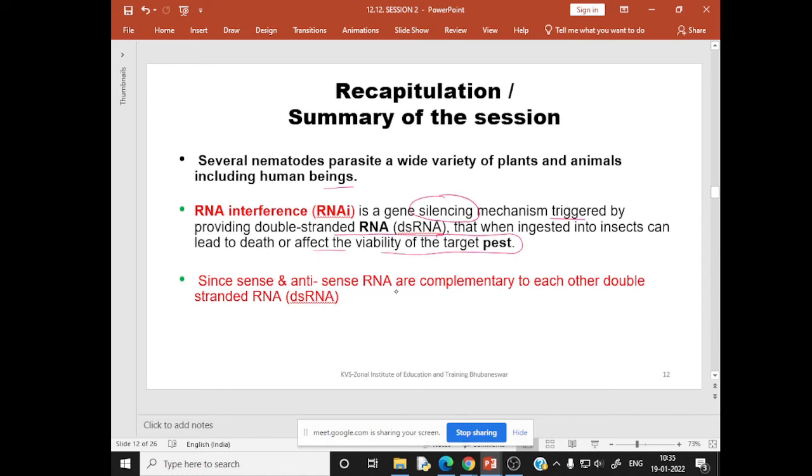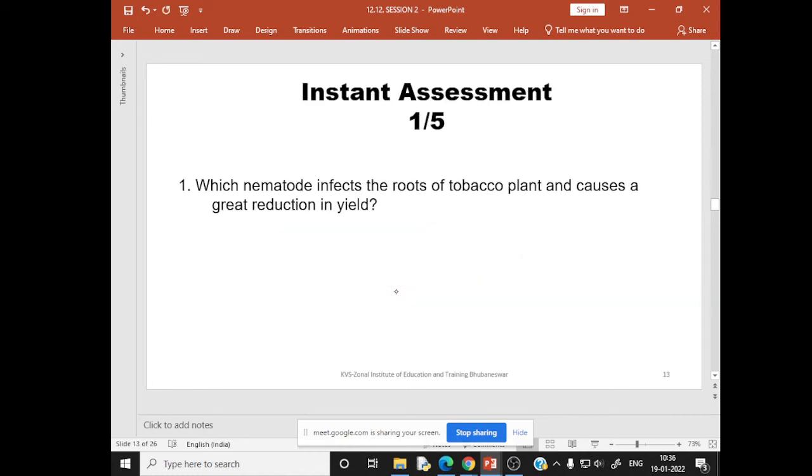Okay, this will enter into the pest, and the double-stranded RNA will get separated into sense and antisense. Since sense and antisense are complementary to each other, double-stranded RNA is formed.